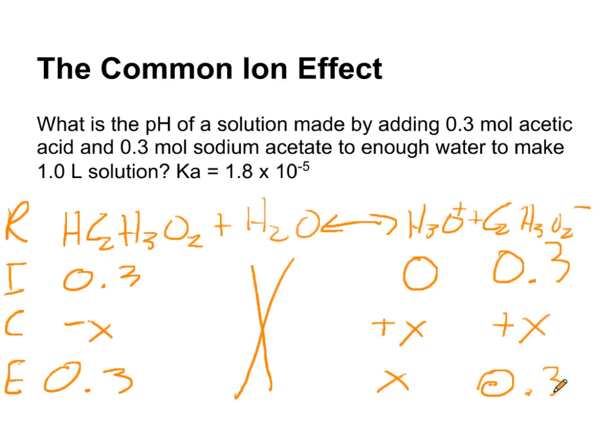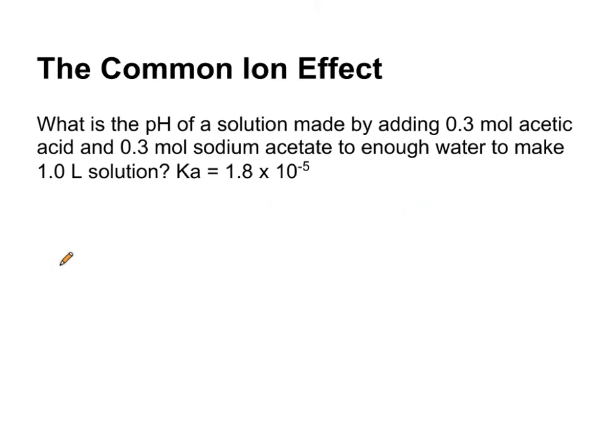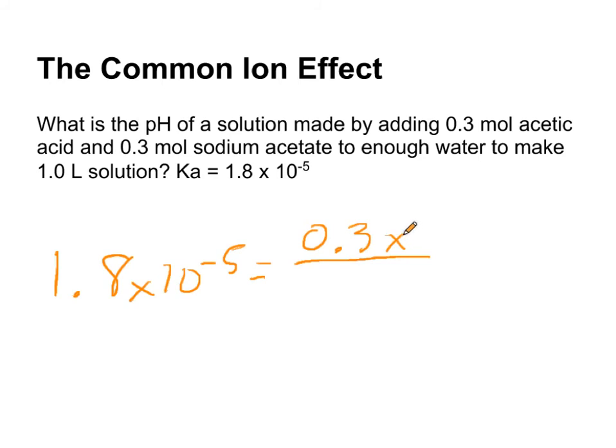So we could plug this into our equilibrium expression, which would be our Ka of 1.8 times 10 to the negative 5th is equal to 0.3 times x, the acetate and the hydronium, divided by the acetic acid concentration of 0.3.